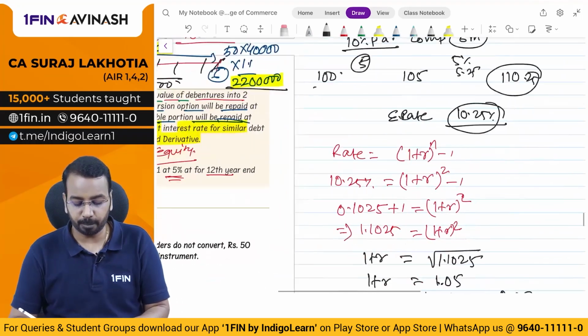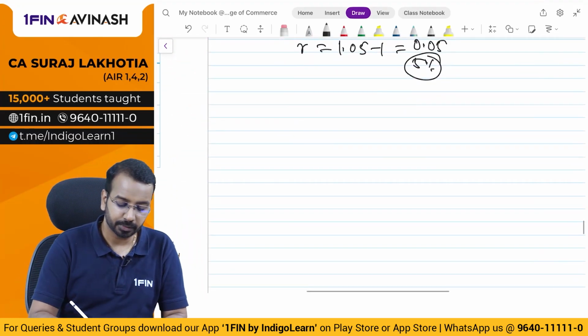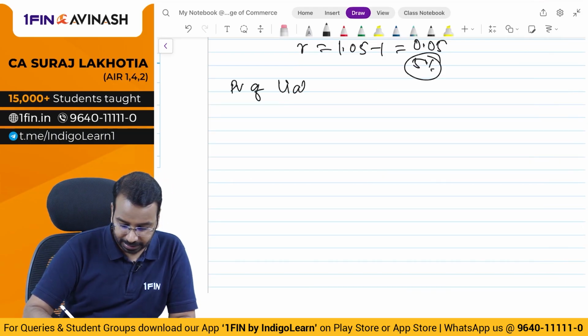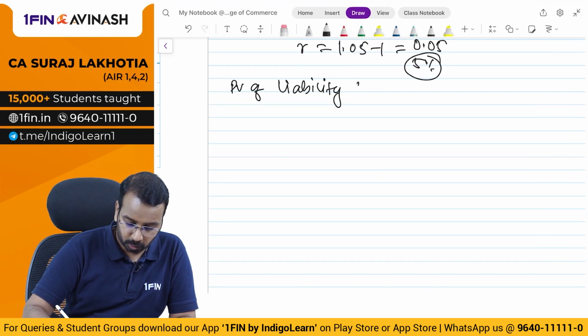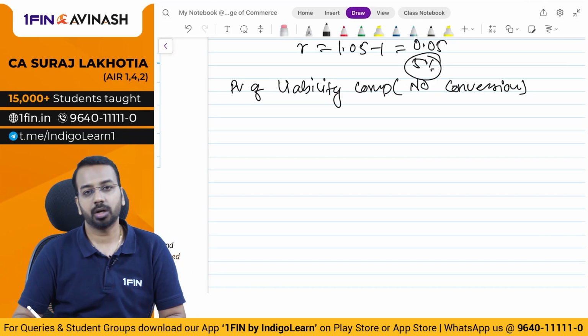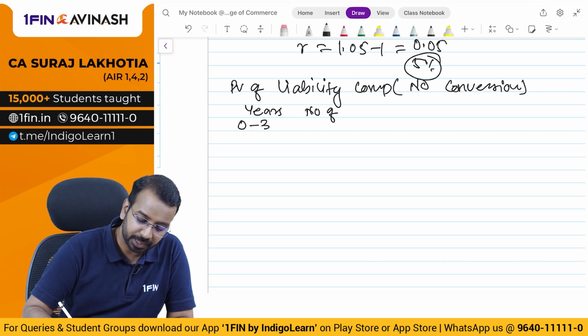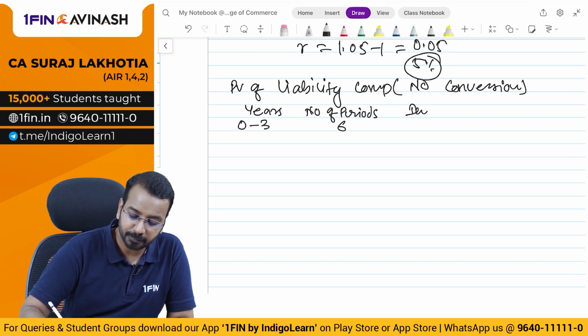Alright. So, present value of liability component with no conversion option. First, for year 0 to 3, number of periods 6, interest 1,80,000.